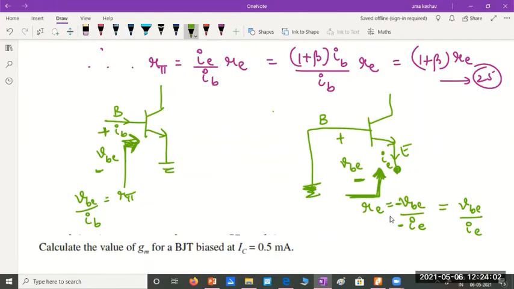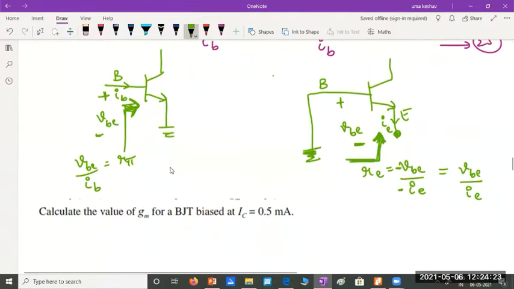That resistance is RE. Since the current is flowing out and voltage is negative to positive, both are negative. Finally, minus by minus, I'll get plus. So VBE by IE gives you RE in this case. This is the difference between the two. Hope all of you are able to recall these things.